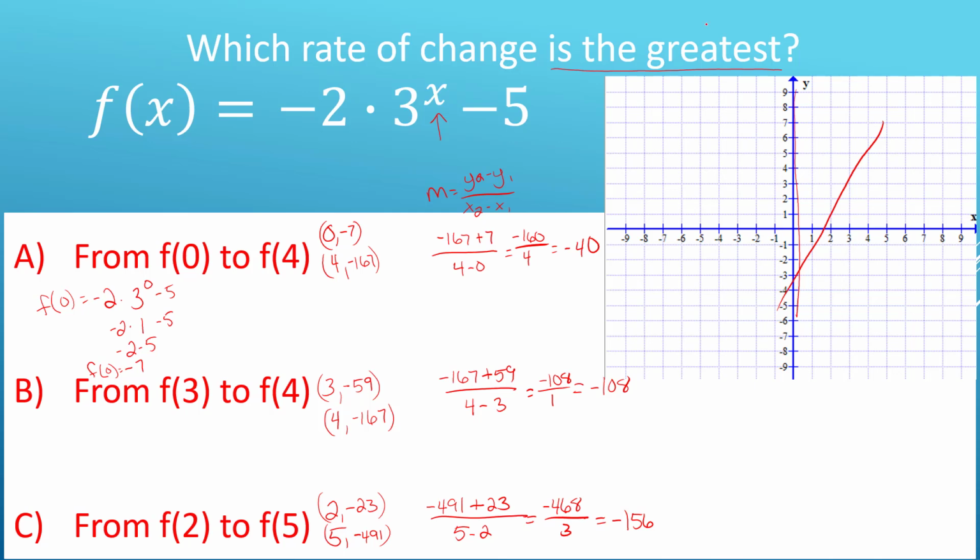The steepest overall number can be determined by the absolute values of each of these, 40, 108, or 156. Well, which one has the steepest overall value or absolute value? That's going to be the 156. So the change from f of 2 to f of 5 is going to have the greatest rate of change.